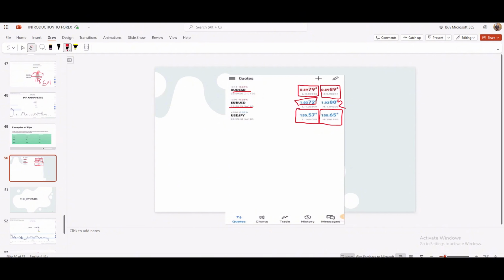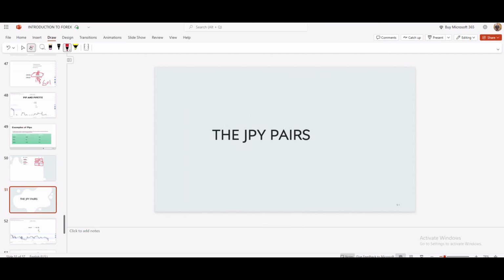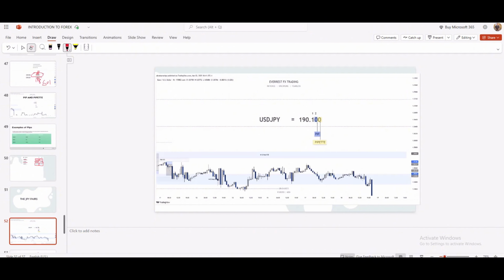Now, let's talk about the JPY pair. Every other currency pair, we normally look for the fourth number after the decimal point as the pip. But for the JPY pair, that's the Japanese yen, we look for just two numbers after the decimal point. Now, if you can see my screen, this particular price is at 190.100.